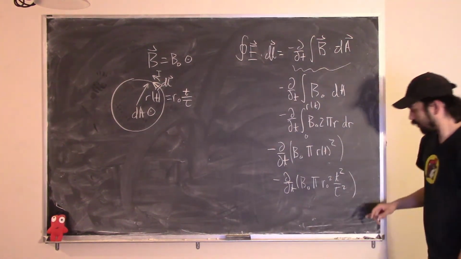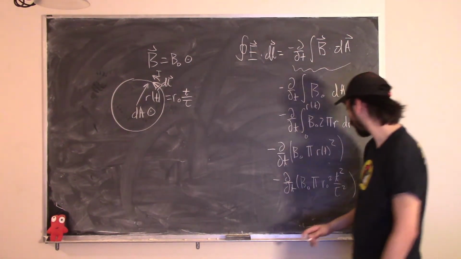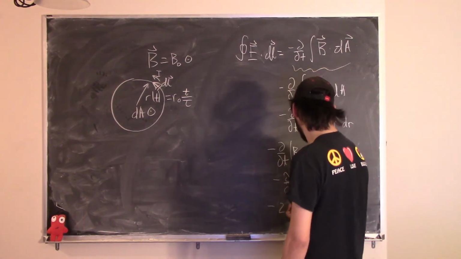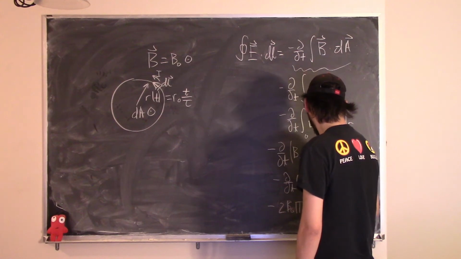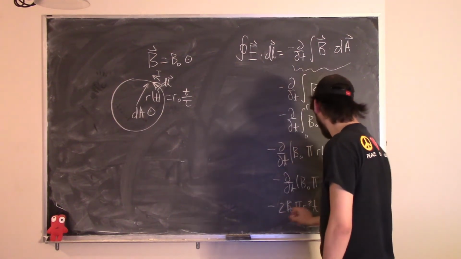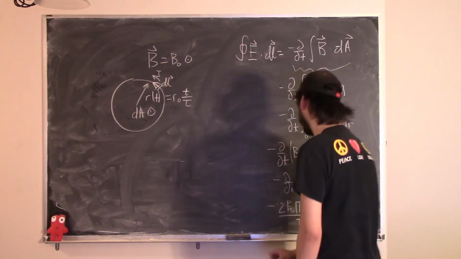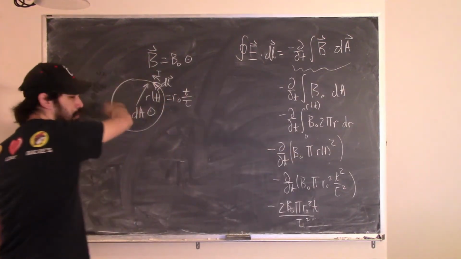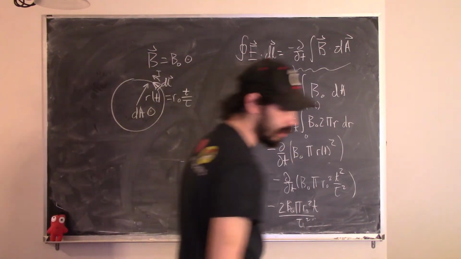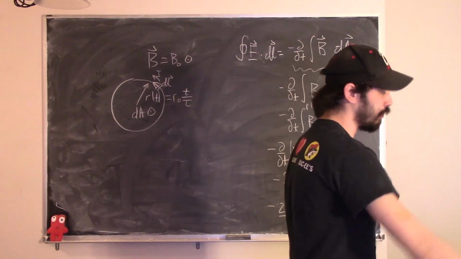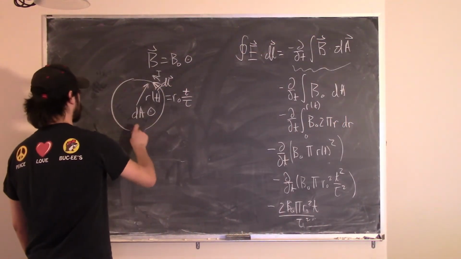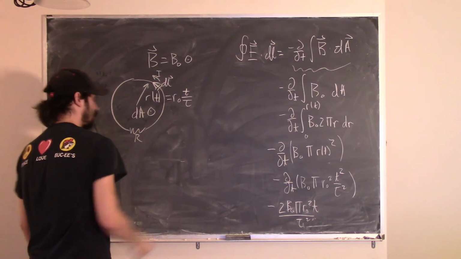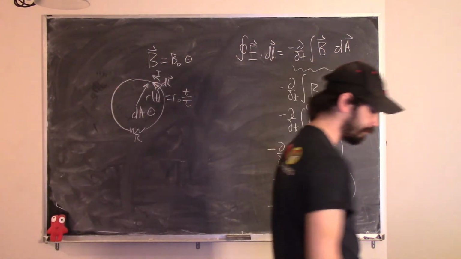Let's go ahead and take our derivative here, and this is going to give me a minus 2 B0 pi R0 squared t divided by tau squared. And again, what I told you in this problem was that this loop has some, I actually didn't explicitly say it, but I meant to, that this loop has some resistance of R.